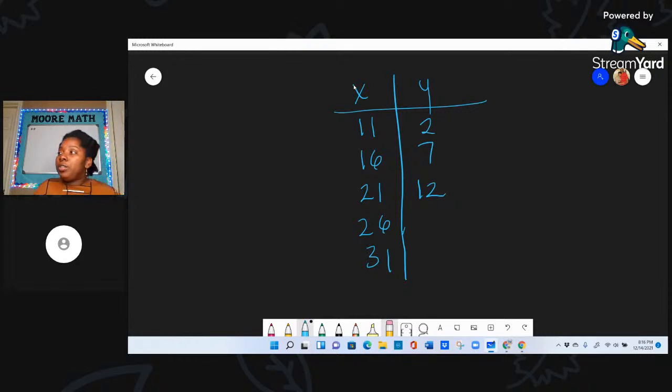Okay, so first I want you to fill in the table, and then I want you to tell me what the equation should be. So first tell me what the next two should say for the output. 17 and 22.